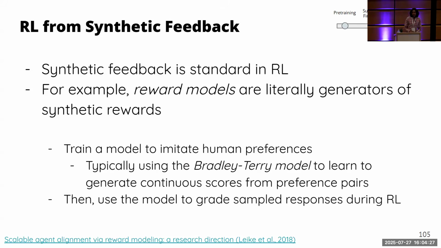Traditionally, this training is done by assuming the Bradley-Terry model, which is a way to model continuous scores given only observations that are discrete preference pairs. So given response A and response B, you don't actually know what score response A or response B would have gotten. You just know that response A was better. This is the traditional way of doing synthetic feedback for RL.